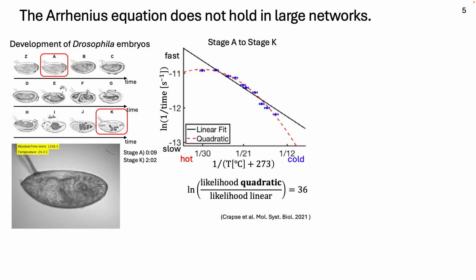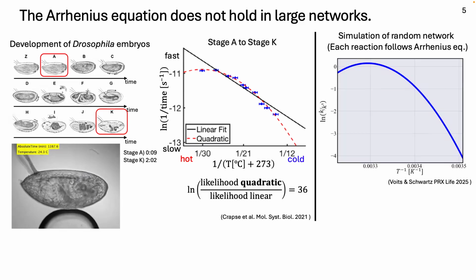So this reaction rate doesn't follow the Arrhenius equation. In numerical simulation of a random network, even if each reaction rate follows the Arrhenius equation, the Arrhenius plot is like a quadratic function.